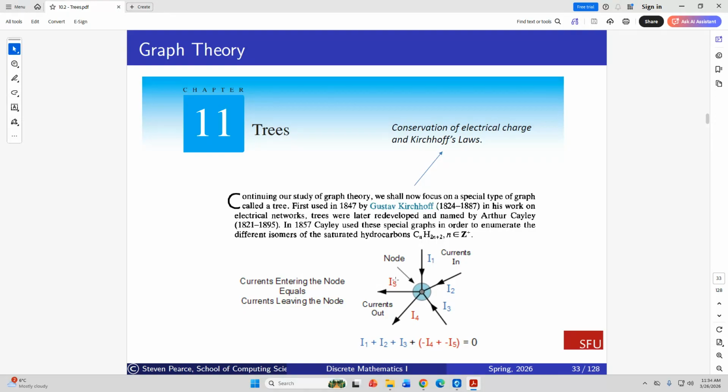Here you have I as the current, currents 1, 2, 3, 4, and 5. Currents in, that's the node, currents out. What goes in comes out. You can see I1 plus I2 plus I3 should equal I4 plus I5. That's another way to put it.